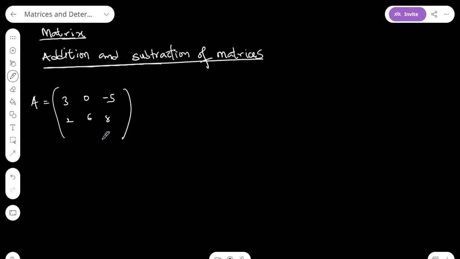Now, for us to add matrix A and matrix B together, matrix B must also be of the same order as matrix A. Matrix A has row 1 as well as row 2, and column 1, column 2, and column 3. Which means A is a 2 by 3 matrix, that is 2 rows and 3 columns.